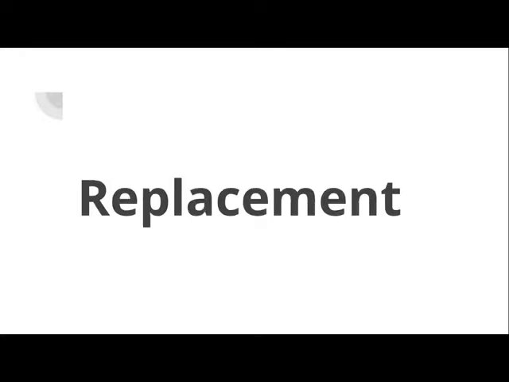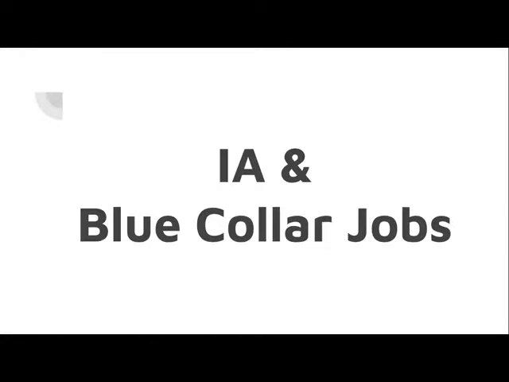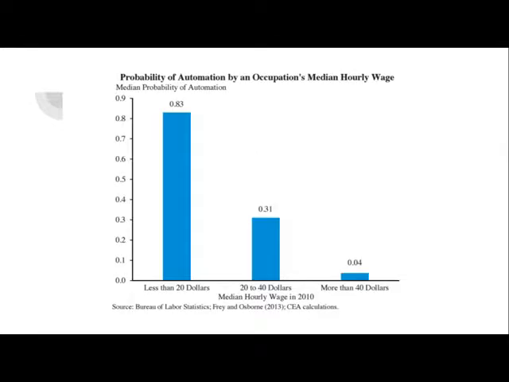The first one is replacement. As we know, jobs are gradually replaced by technology such as AI and IA. IA stands for intelligent automation. In blue collar jobs, it means jobs that require laborers or construction work.